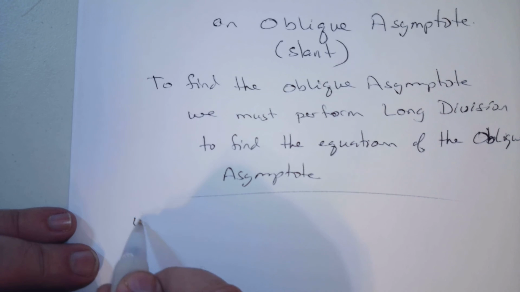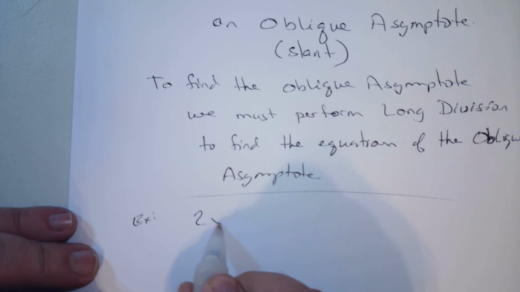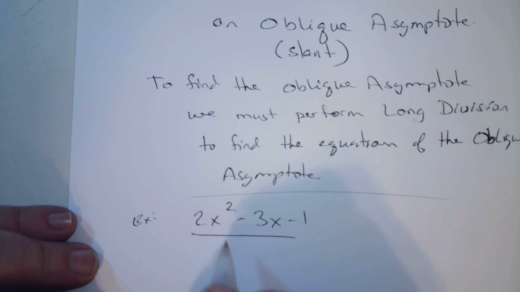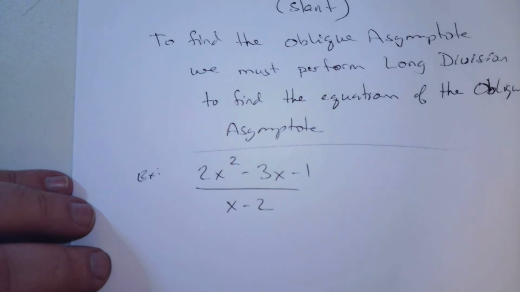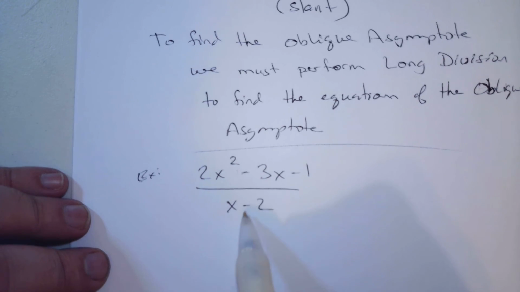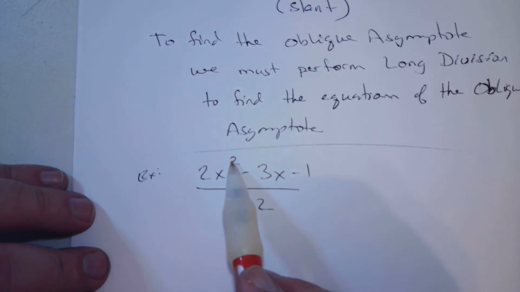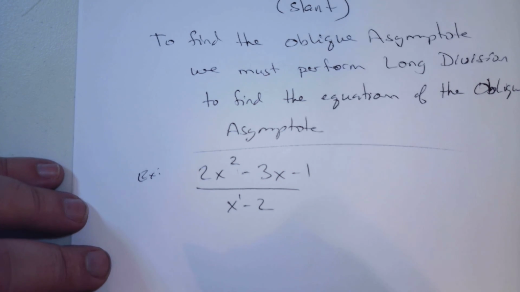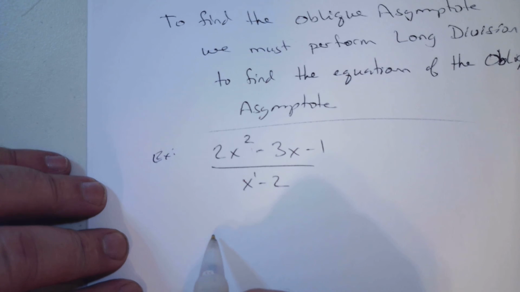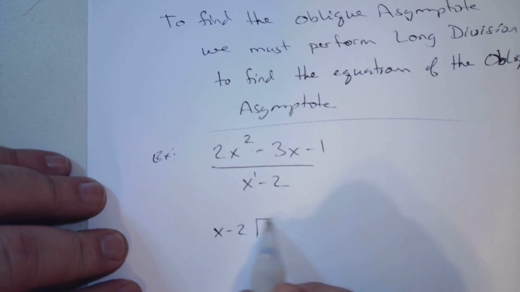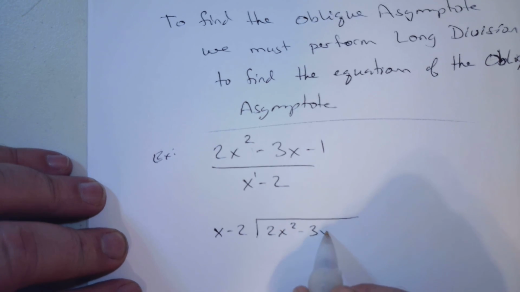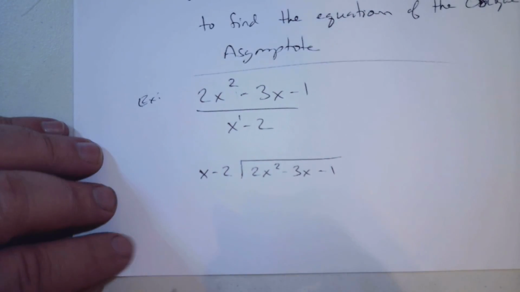So, here's an example. Two x squared minus 3x minus 1 over x minus 2. We don't have a horizontal asymptote because the top's bigger than the bottom, but since it's bigger than the bottom by 1, we have an oblique asymptote. So we have to do long division.